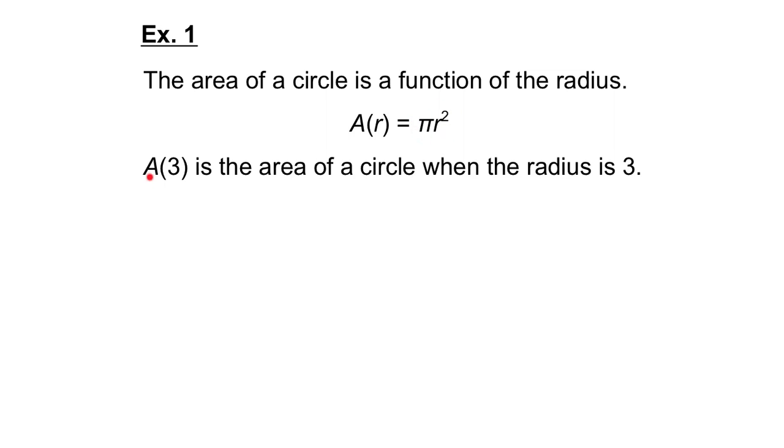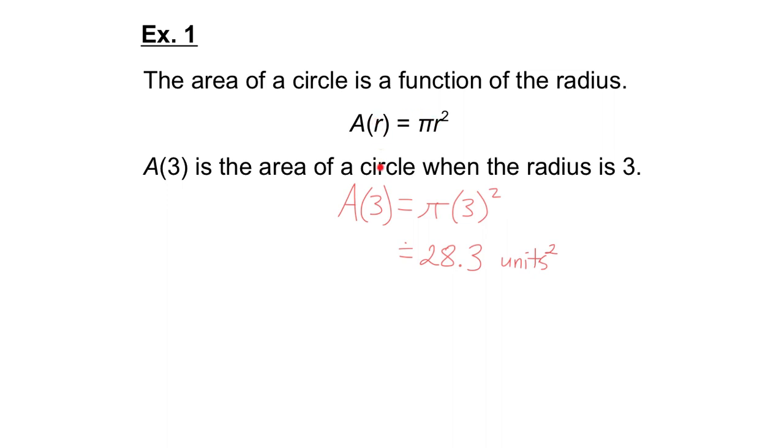So if I write this, A, and then brackets 3, that's function notation. Remember, radius is what's in the brackets. So here, this is saying, what is the area when the radius is 3? So in function notation, area when the radius is 3 is equal to pi times 3 squared. Notice my original function says r.